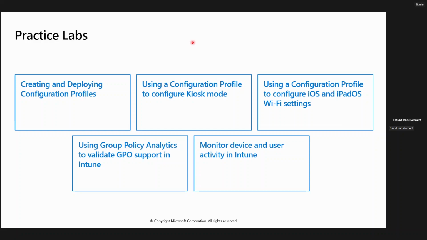We're going to create and deploy configuration profiles, use a configuration profile to configure kiosk mode, use a configuration profile to configure iOS and iPadOS Wi-Fi settings, use group policy analytics to validate GPO support in Intune, and monitor device and user activity in Intune. So jump in and start those labs. I'll let you know what percentage completion we're looking at at the end of that.